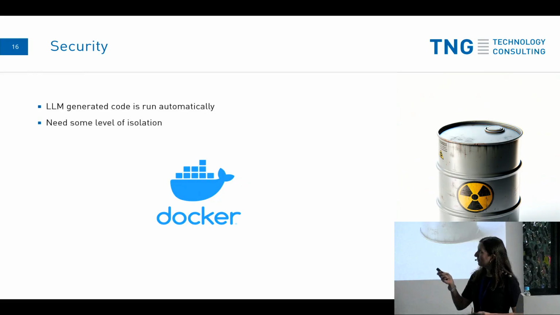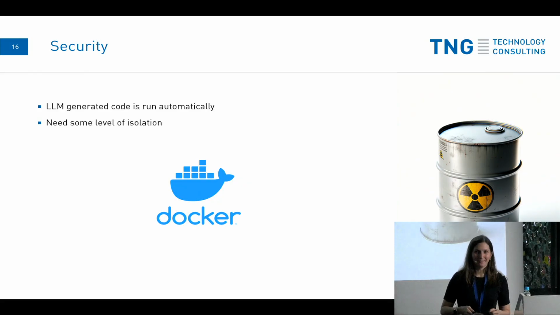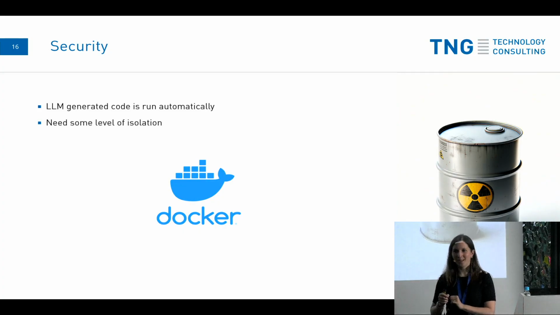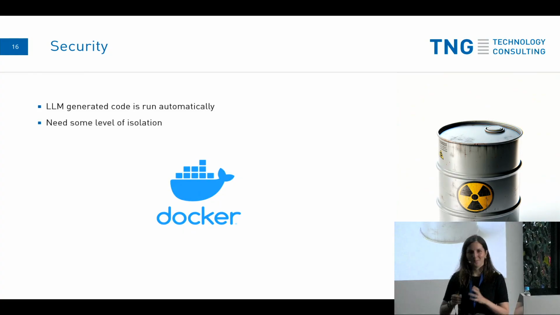So we need some level of isolation, and our solution to that at the moment is using Docker. It's not perfect, right? But the generated code always runs in a Docker container. We still have a version that runs without Docker for people that are less risk-averse than me and accept to run it on their machine. And of course, then the setup of the tool is actually a bit easier as well.